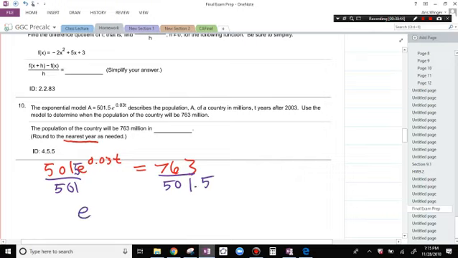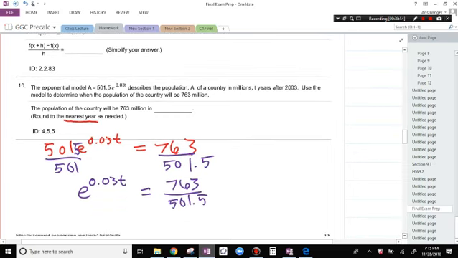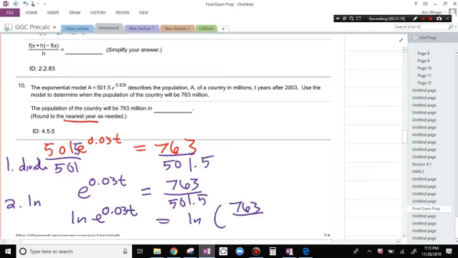So it's e to the 0.03t equals 763 over 501.5. What do we do to both sides now? Right, natural log. So first you divide, and then you apply the log to both sides. The natural log of e to the 0.03t equals the natural log of 763 over 501.5.